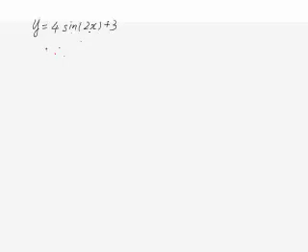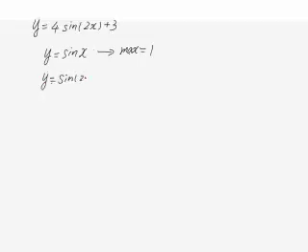So we know the maximum of the sine x is equal to 1, right? And for y equal to sine of 2x, the maximum still equal to 1, right? So this guy, its maximum is not equal to 2, still equal to 1.